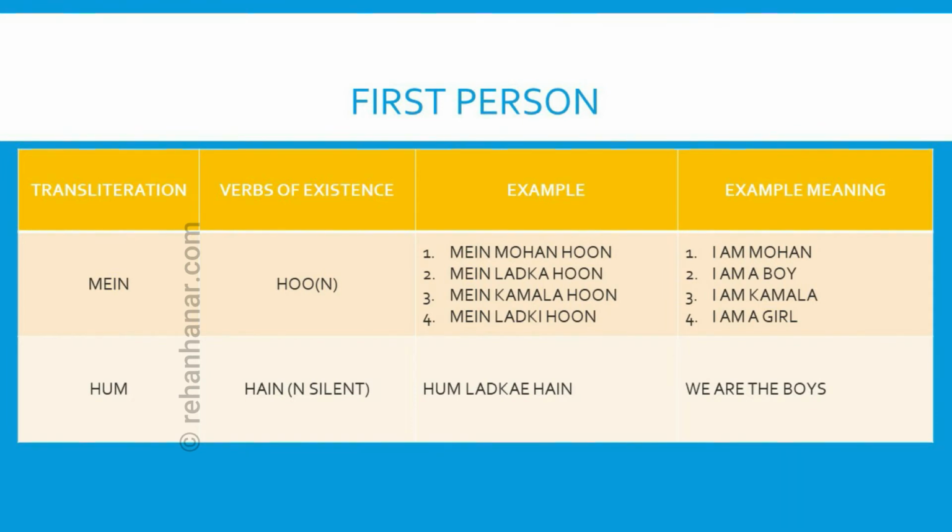For example, main Mohan hoon, I am Mohan. मैं लड़का हूं, I am a boy. मैं कमला हूं, I am Kamala. मैं लड़की हूं, I am a girl.